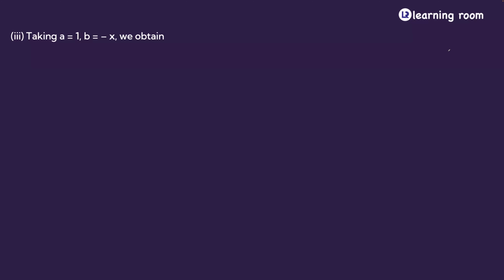So third case, taking a is equal to 1 and b is equal to minus x. So what is it that you're going to have? You'll have (1 minus x) raised to the power n.